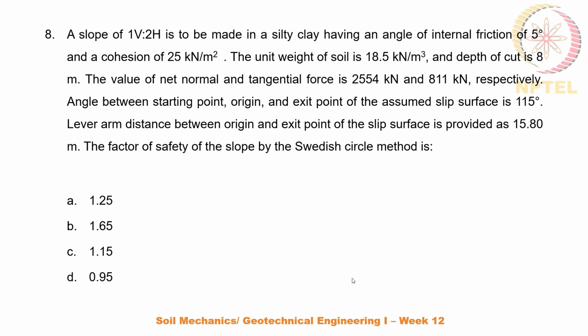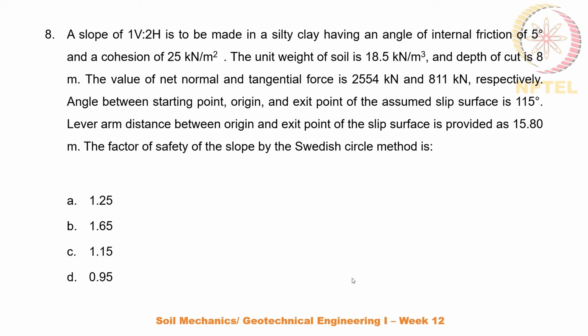Here the net normal force is 2554 kilonewton and net tangential force is 811 kilonewton. Lever arm distance is 15.8 meters and angle is 115 degrees. But here we are asked to use the equation by Swedish circle method.